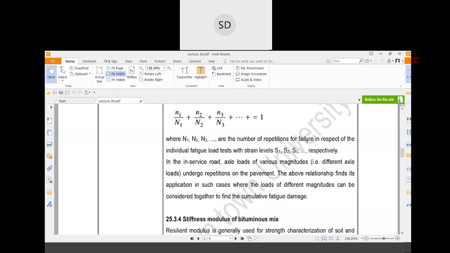The parameter by which you convert all these load repetitions into a single standard load repetition is called the vehicle damage factor, or VDF.